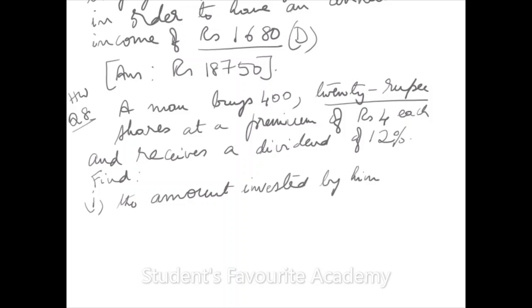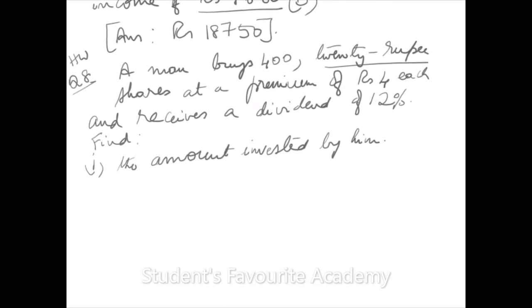So directly you will get market value into number of shares will give you the amount invested by him. Second, is total income from the shares, that is the dividend. So you can use the formula for D. D is equal to number of shares into D percent into nominal value. Total income from the shares.